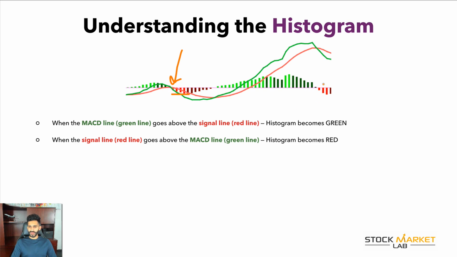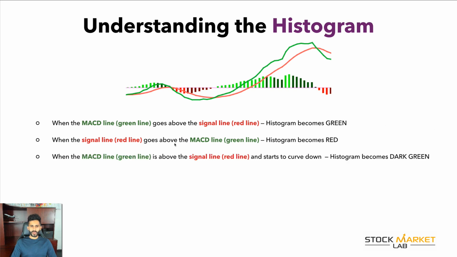The histogram becomes red. When you keep moving forward and the MACD line, the green line, is above the signal line but starts to curve down, the histogram becomes dark green.